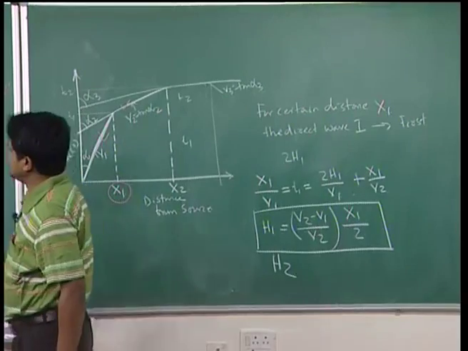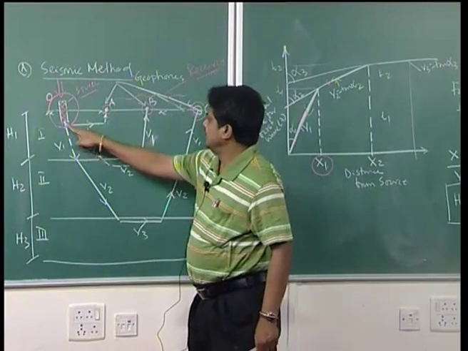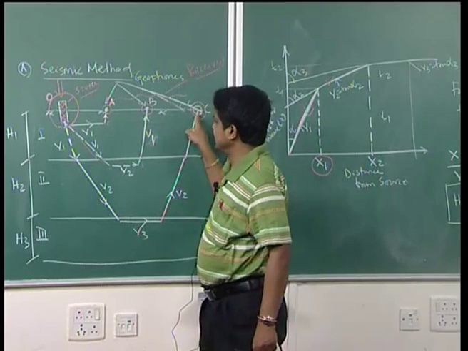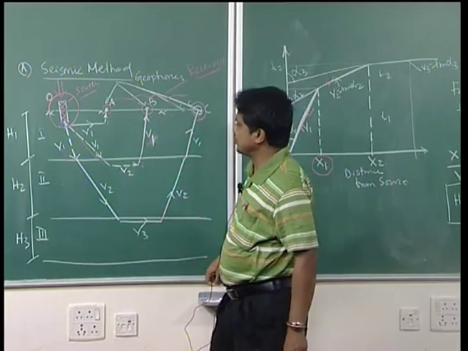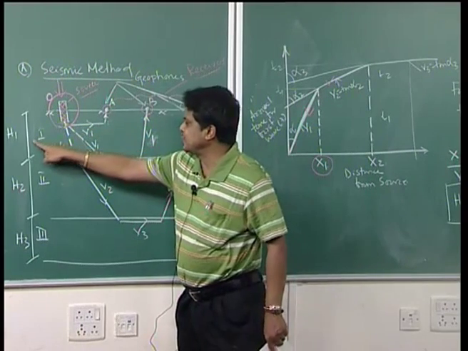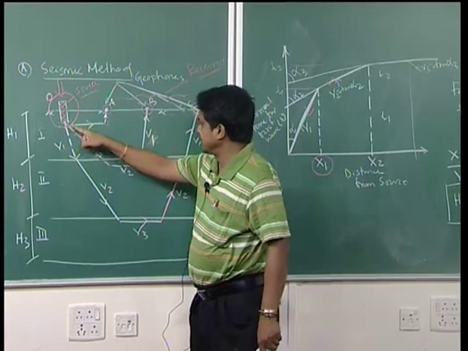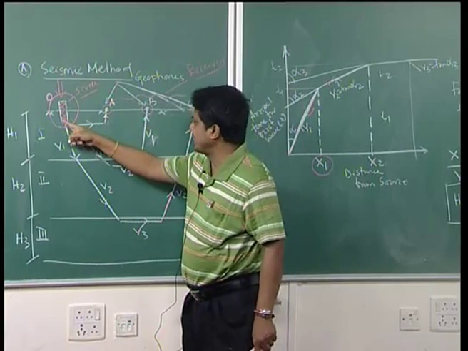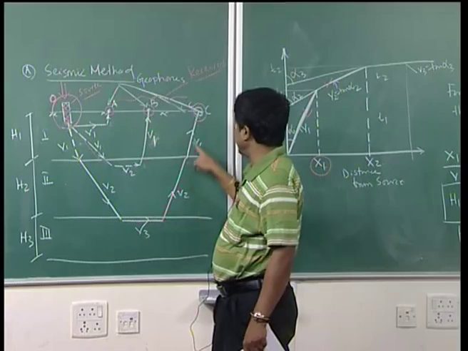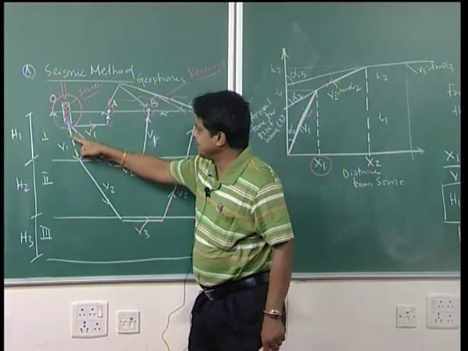How do I get h2? I will take this as well as this and this. In this case, to find h2, the wave from the source goes through layer 1, layer 2, layer 3, and again refracts.